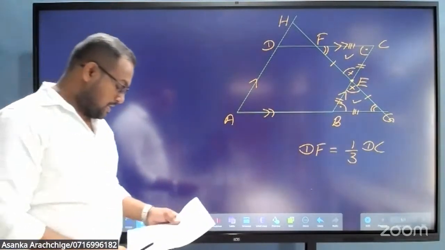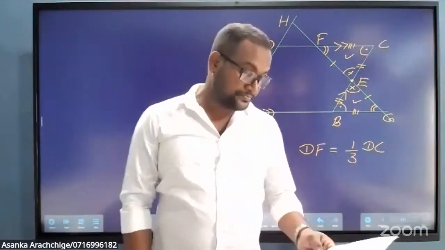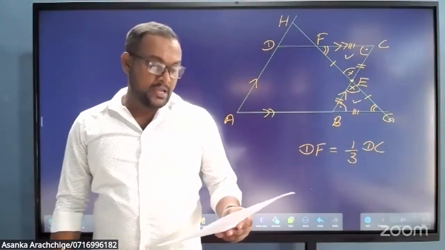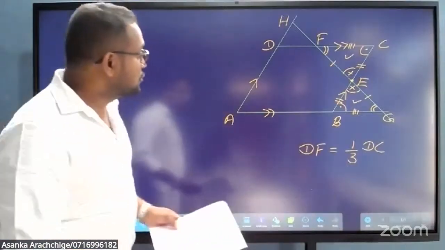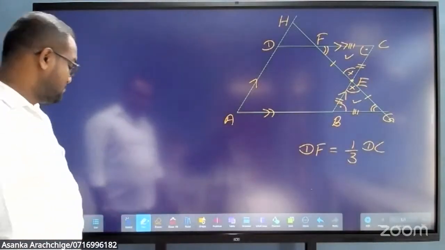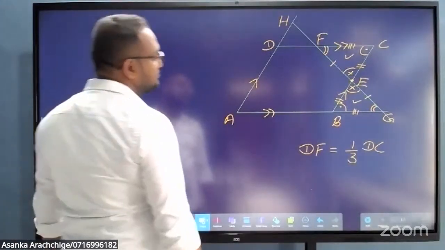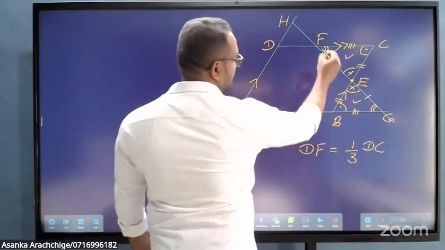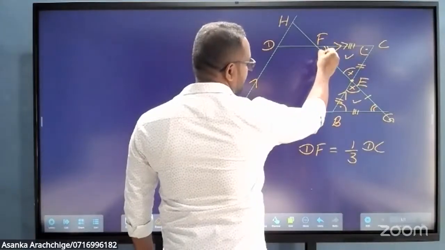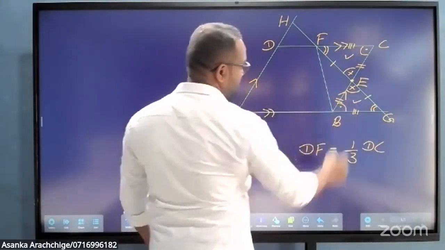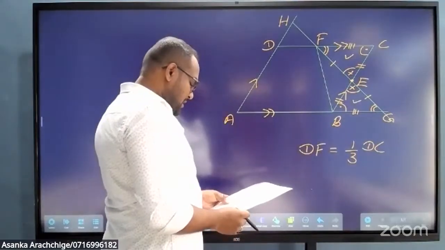Then Roman number 2. Join BF and GC. Join BF. This is F, this is E. Join BF and GC.